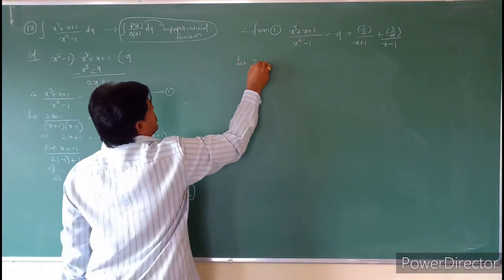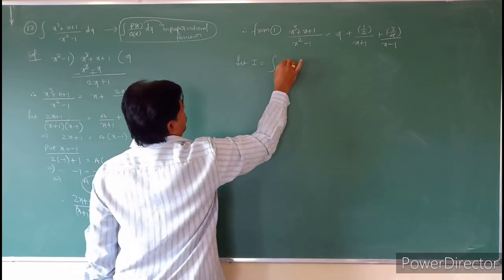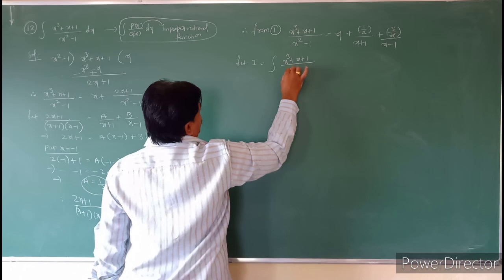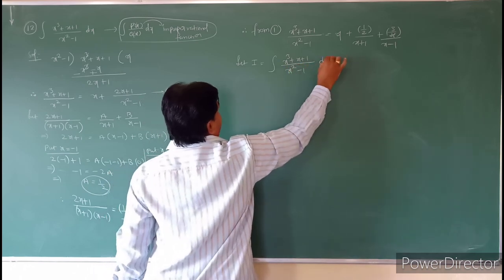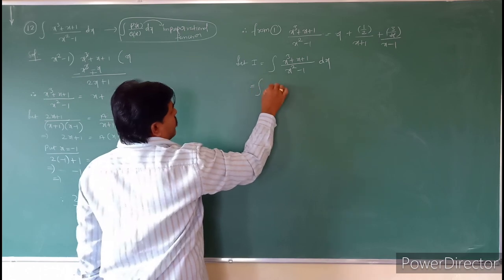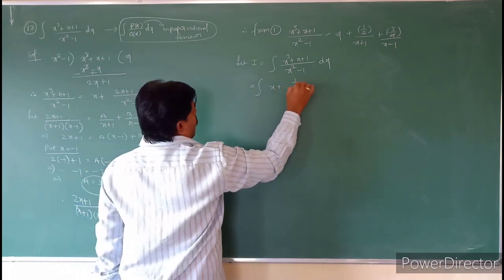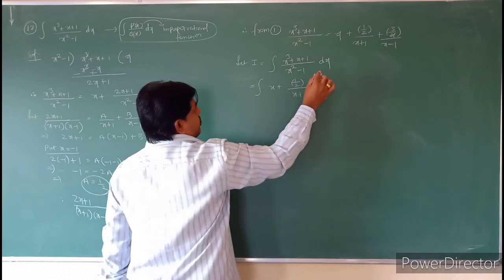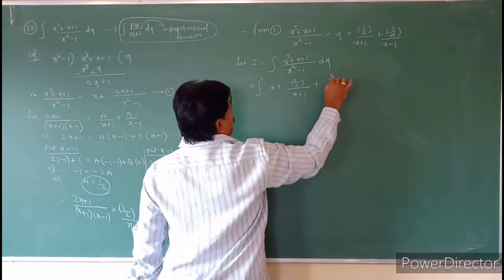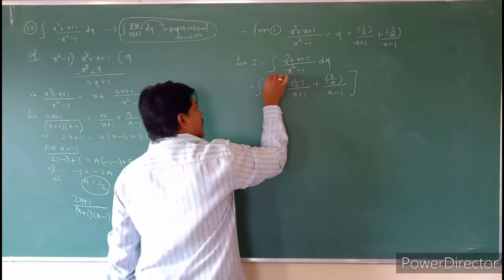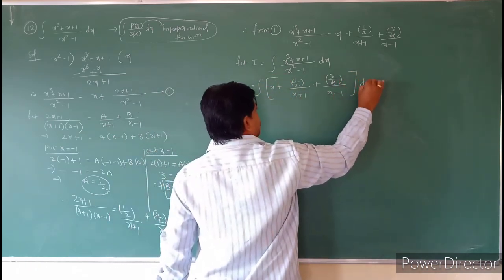let I be the integral of (x cube plus x plus 1) by (x square minus 1) into dx. So this can be written as the integral of x plus 1 by 2 by x plus 1 plus 3 by 4 by x minus 1 into dx.